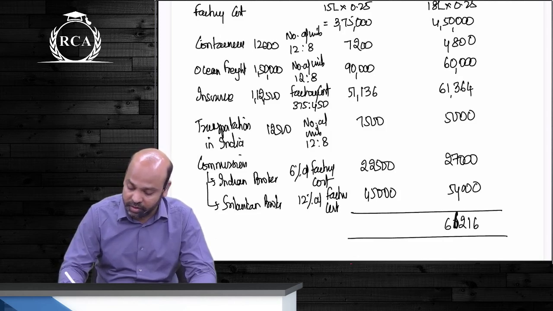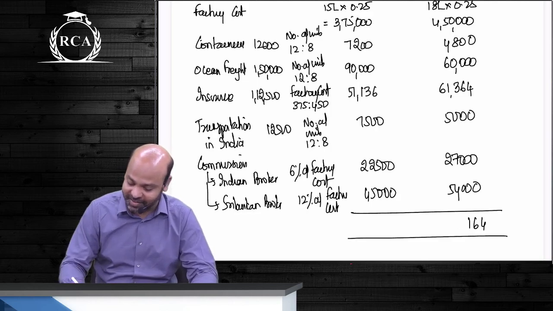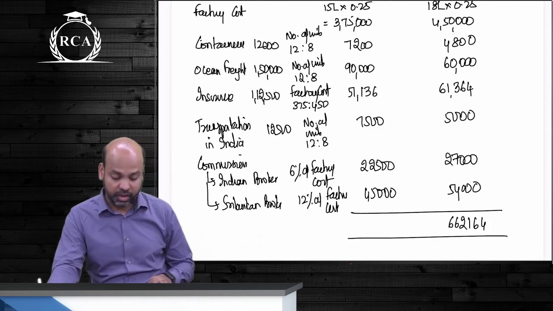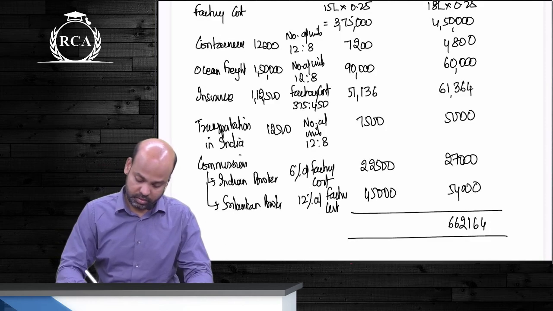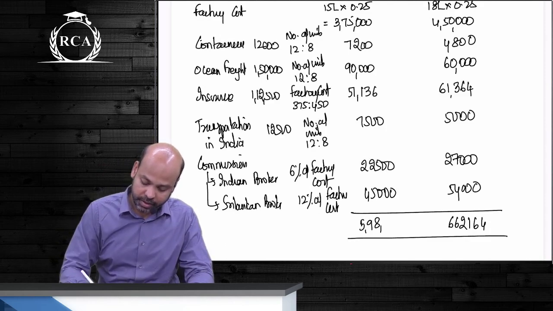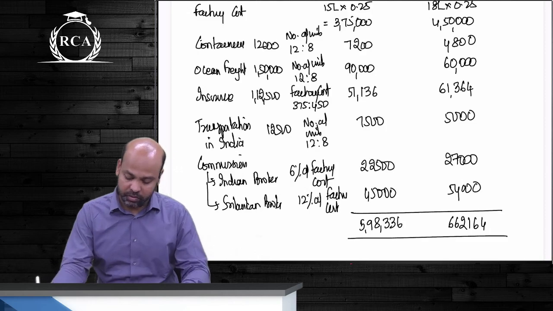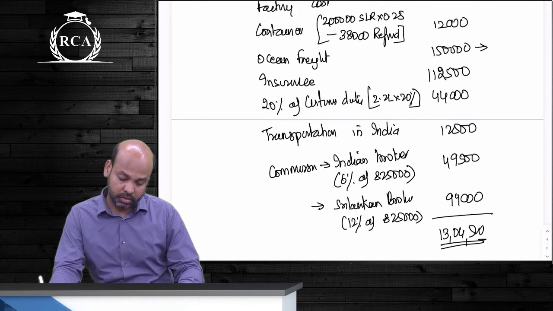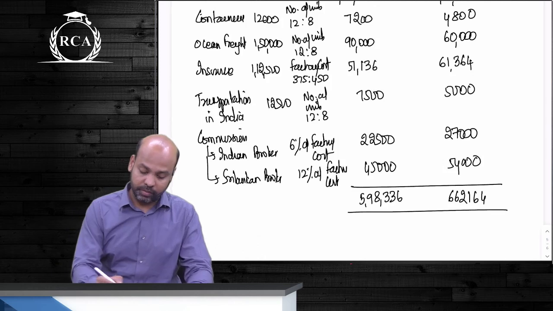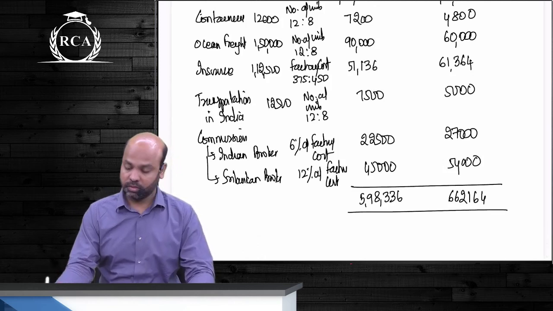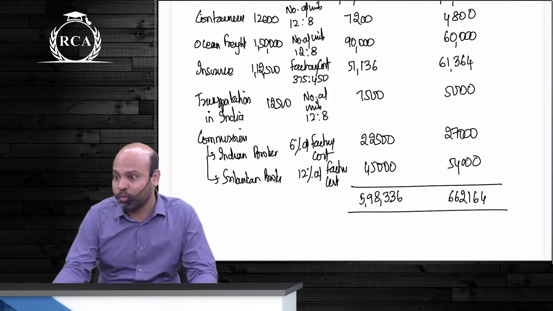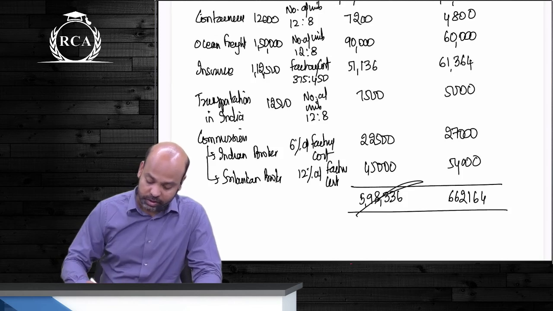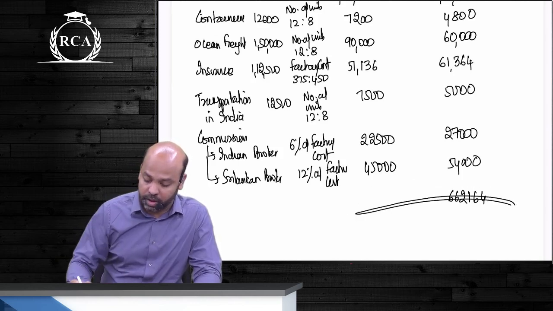Everyone does the first one, while we keep sitting on the second one. 6,62,164. Please add both the amounts guys and check if you're getting that 13,04,500. Guys, we did not include customs duty also. Look above and tell me one by one. See guys, ultimately both of them put together should be equal to how much?